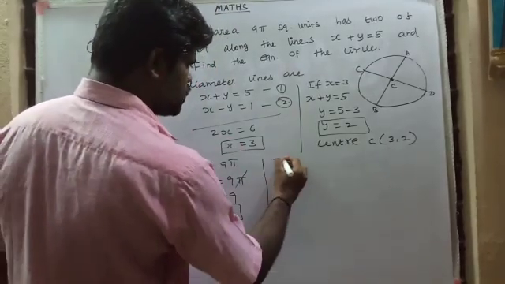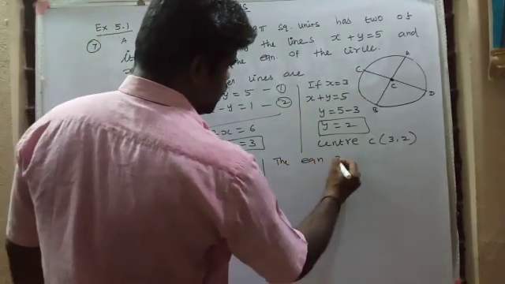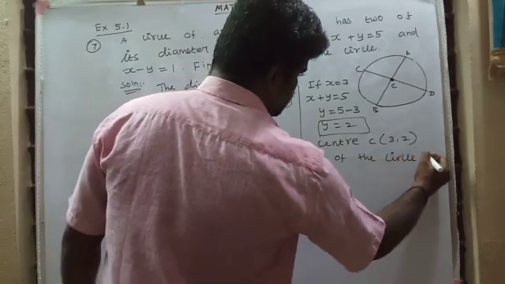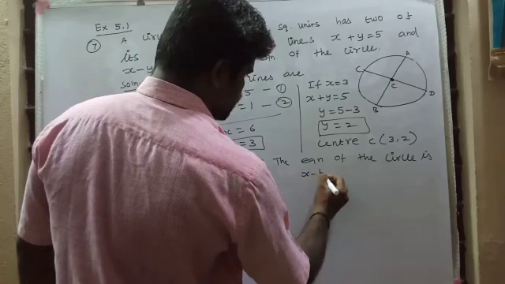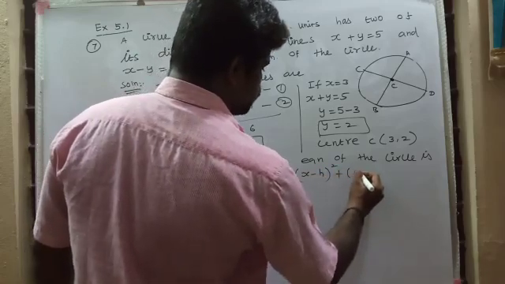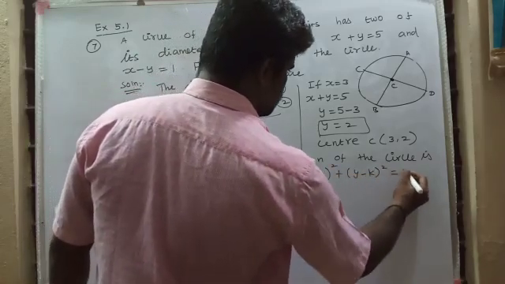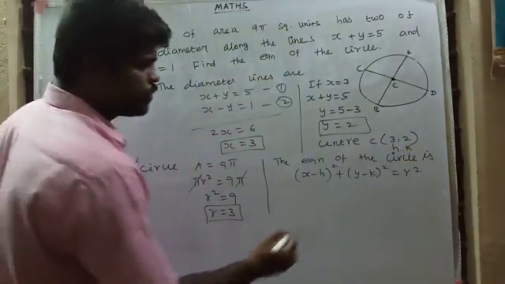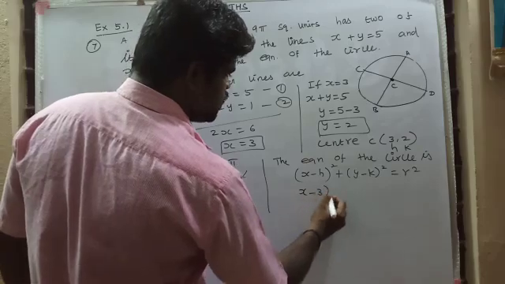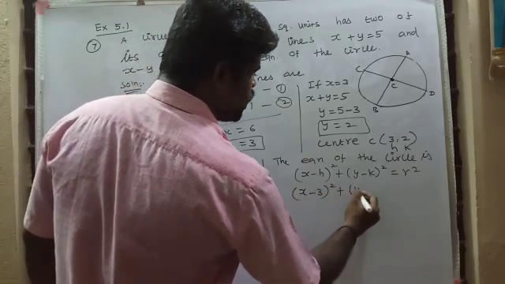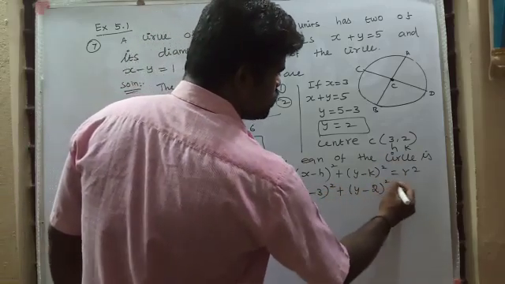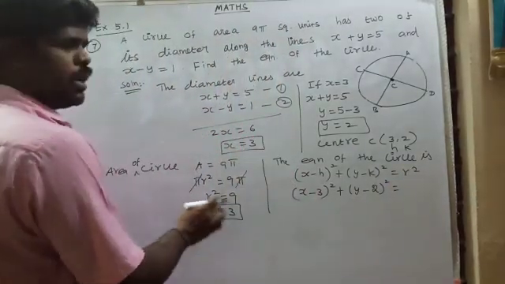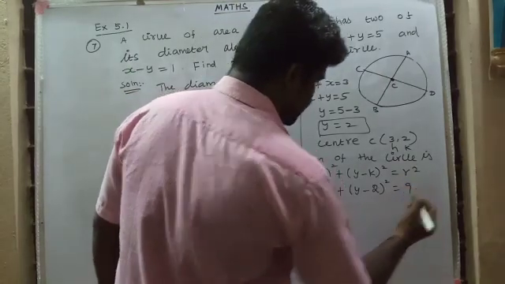Therefore the equation of the circle is (x − h)² + (y − k)² = r². Here this is (h, k): (x − 3)² + (y − 2)² = r², and r is 3, so 3² is 9.